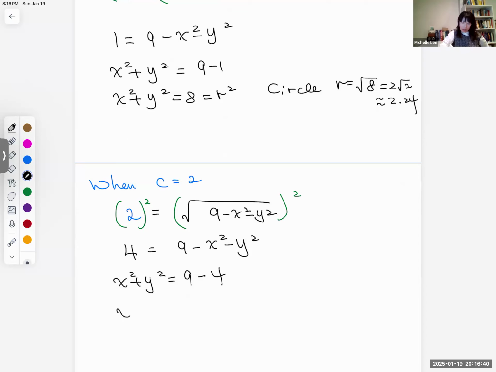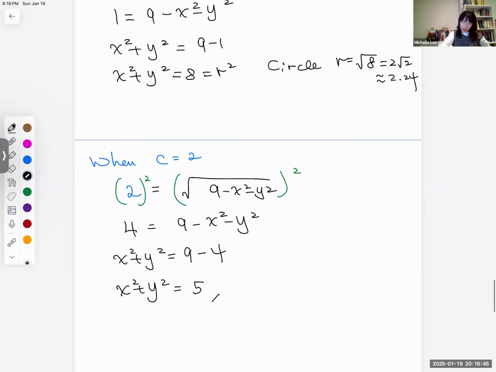So we have x squared plus y squared equal to 5. It's r squared. So circle r equal to square root of 5, which is 2.24 again? Let me clear that up, I copied wrong. This one is 2.24, I don't know where I got this number from, and this is 2.83.